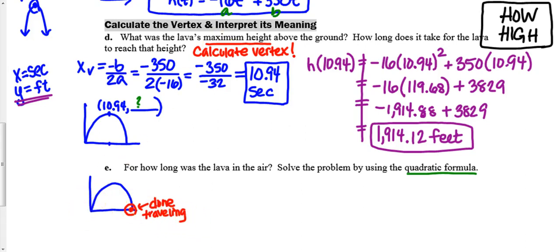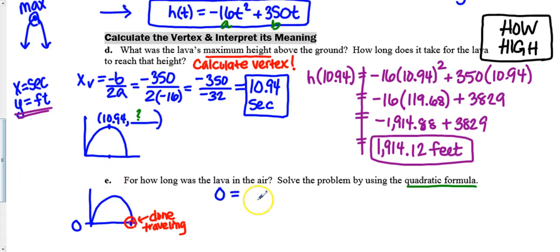So what we're saying is, when is it 0 feet off the ground? Well, it's at 0 feet when it first starts, right here. And then it's at 0 feet again when it's done.